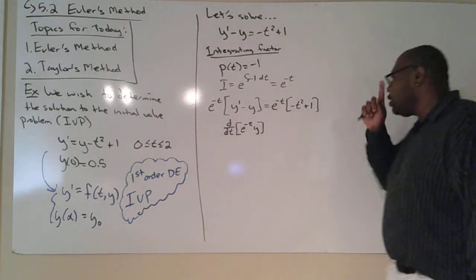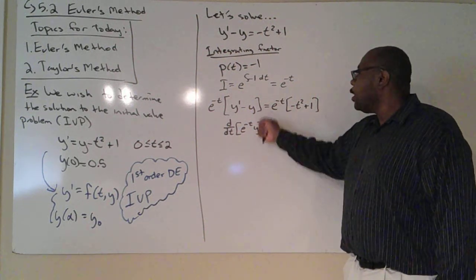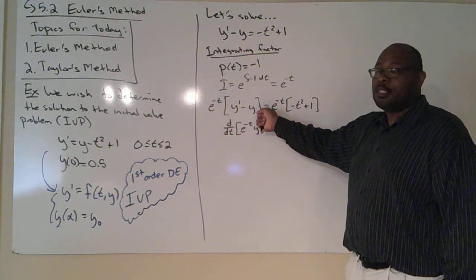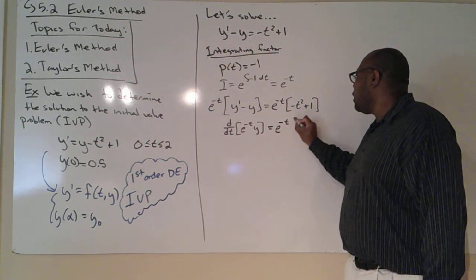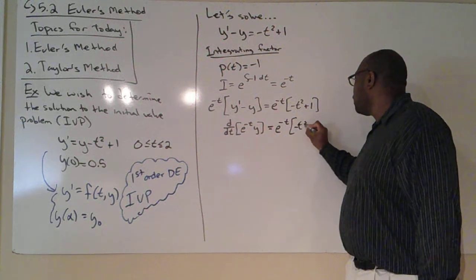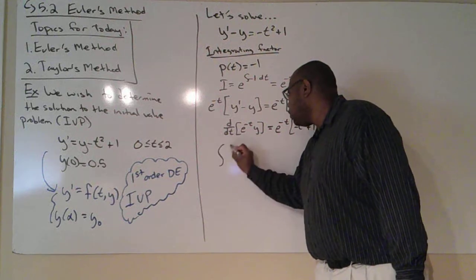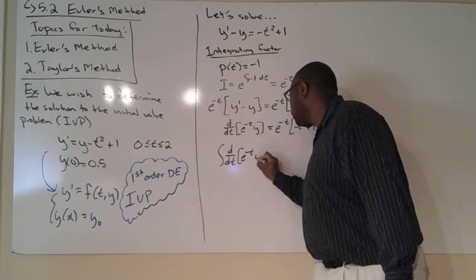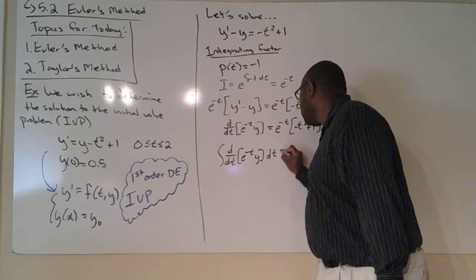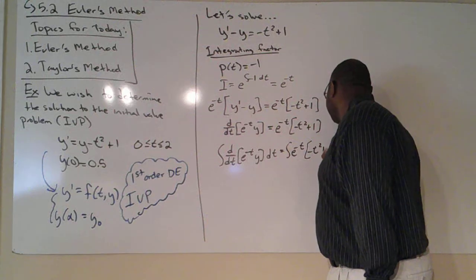And I want you guys to notice if you do take the derivative of this product, you do end up with this, which is equal to e to the negative t times negative t squared plus 1. And then I'm going to integrate both sides. This is where calculators are really nice.